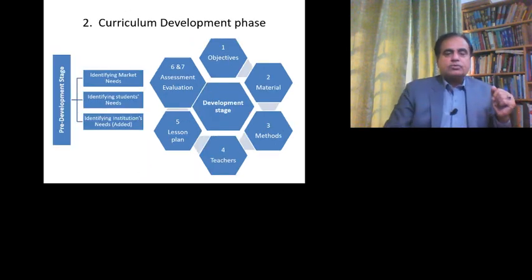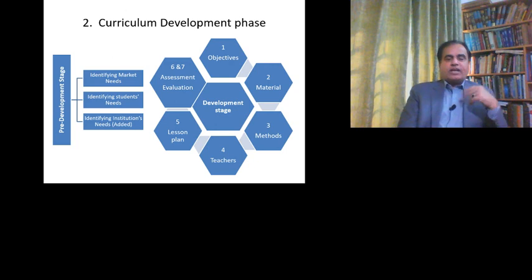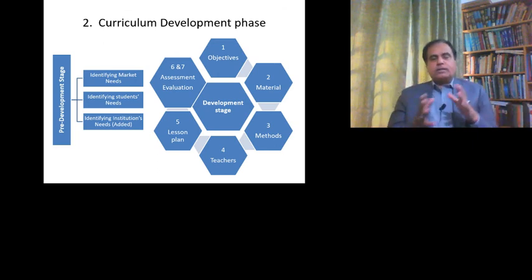But when we come to the curriculum development phase, we have two stages here. One is the pre-development stage, which is related to identifying the needs: the market needs, the student needs, and the needs of the institution. Then there is the actual curriculum development, which is part B of the curriculum development phase.